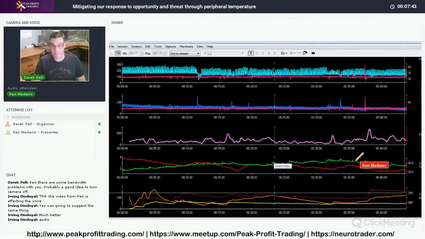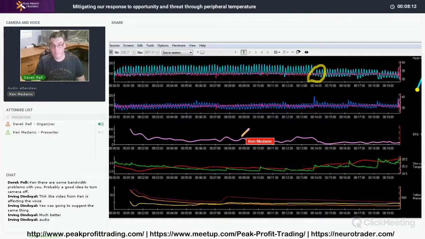Temperature just goes all volatile, because the heart is under stress, or the whole body's under stress, and the heart rate is now being affected, and it gets this extreme volatility in its amplitude. It's not beating in a consistent way anymore, which is decreasing the temperature in the peripheries of the fingers.